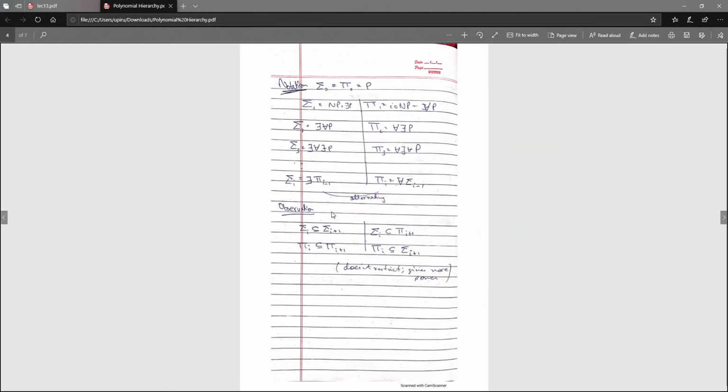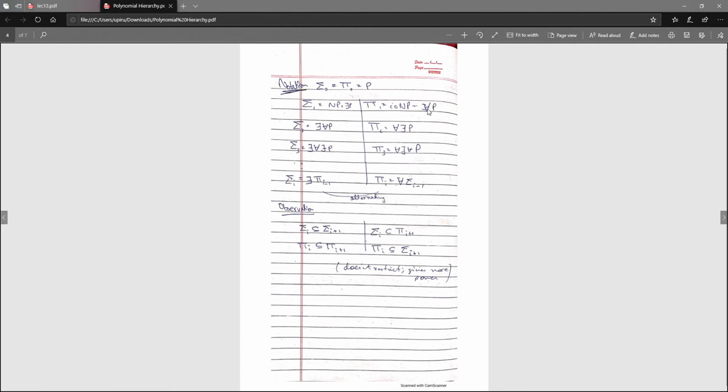So we have sigma 0 and pi 0, sigma 1 and pi 1. Sigma 2 was written with a first existential clause, then a universal clause, and then we write P. Sigma 1 relaxes the condition on the latter half, and pi 1 is co-NP, which just uses the universal quantifier.